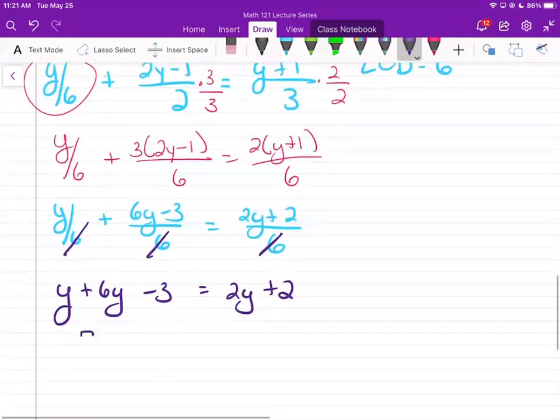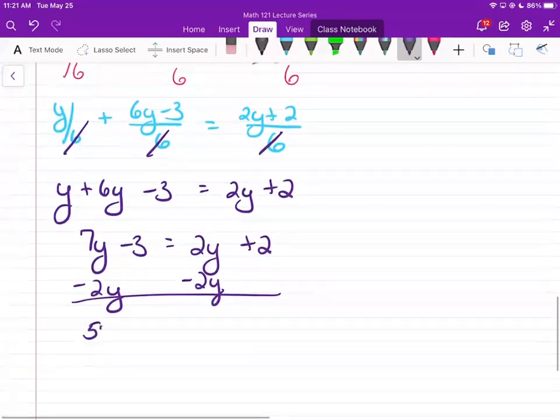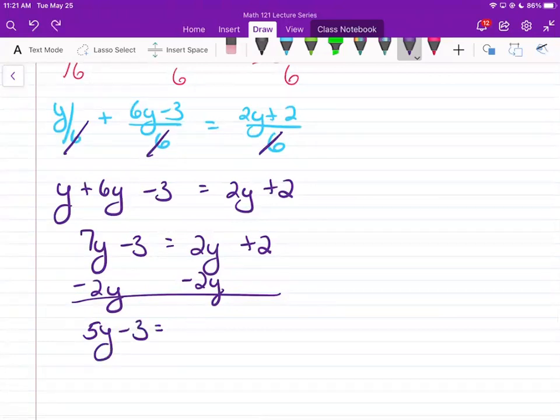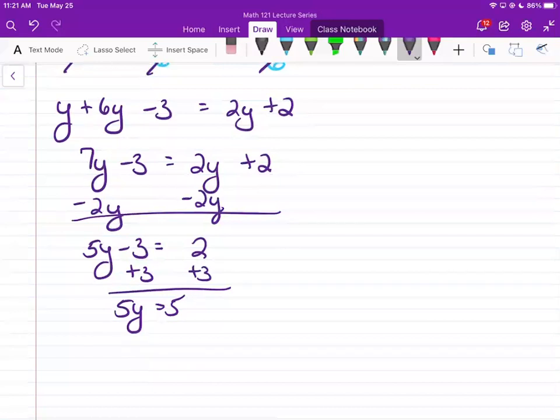Combining like terms, I get 7y minus 3 equals 2y plus 2. Subtracting the 2y, I have 5y minus 3 equals 2. I can then add 3 to both sides, leaving me with 5y equals 5. And when I divide both sides by 5, I get y equals 1.